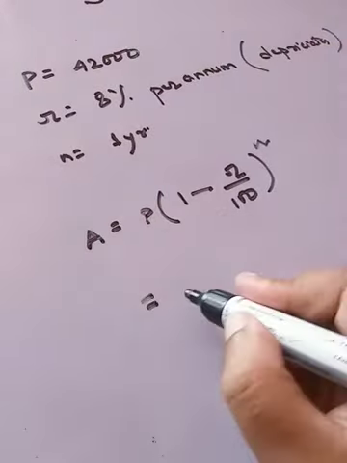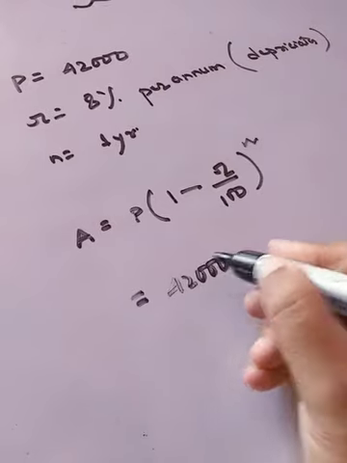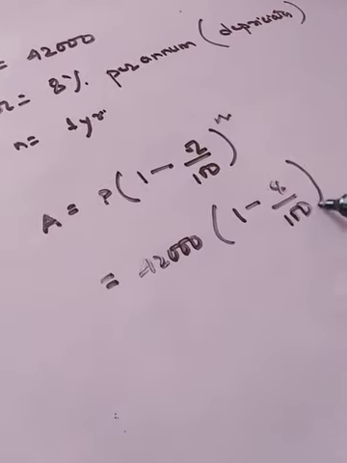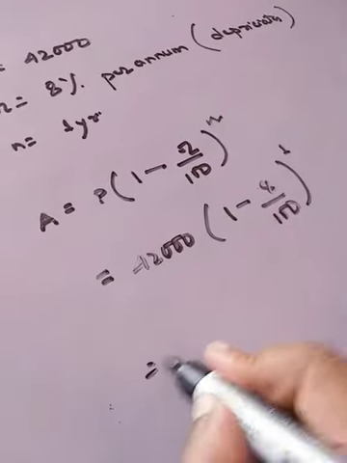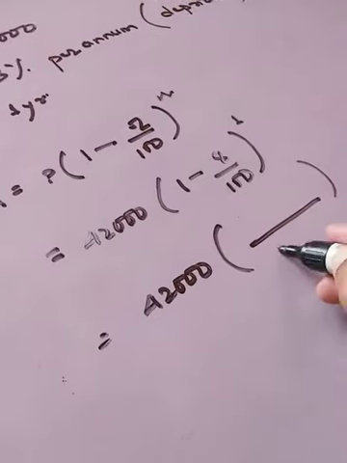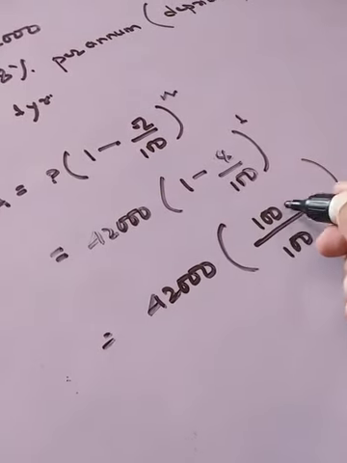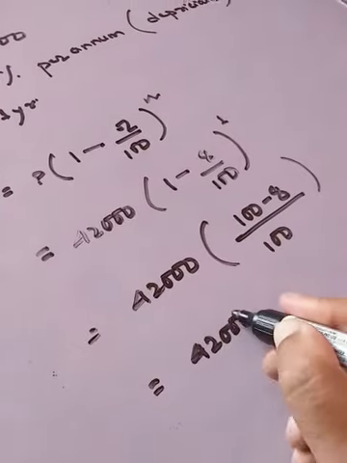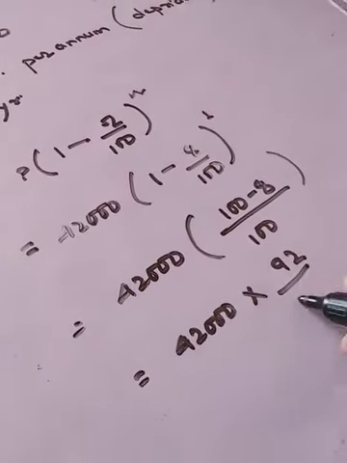Now what you have to do is just put in the values. That is 42,000, 1 minus r, where r is 8, and n is 1. So 42,000, that is 100 minus 8, 1 no need of writing, 42,000 into 92 by 100.